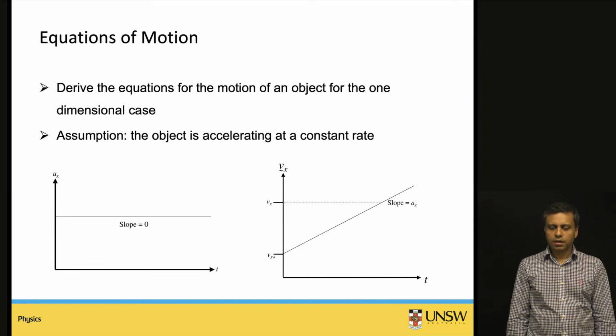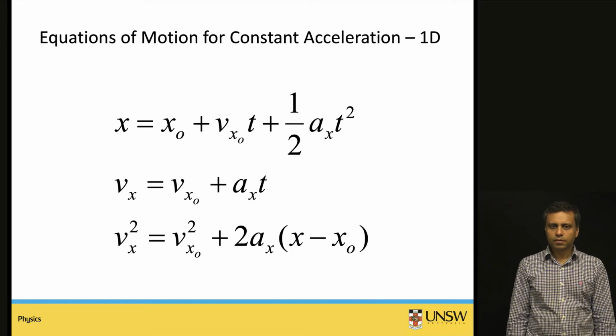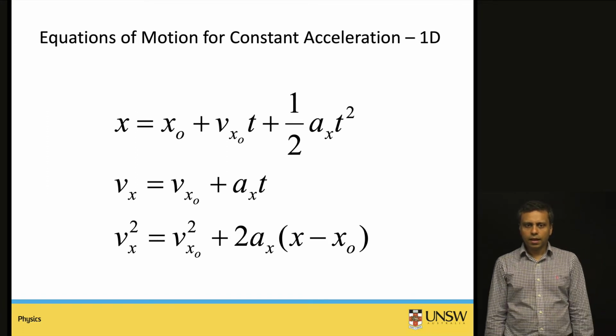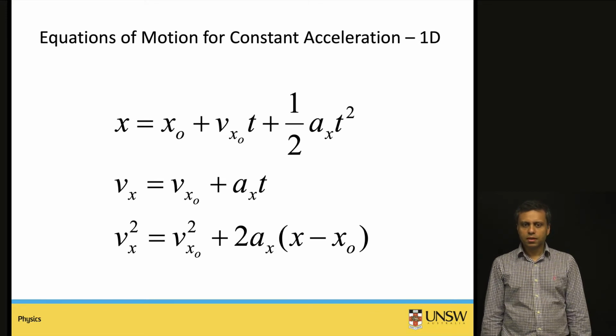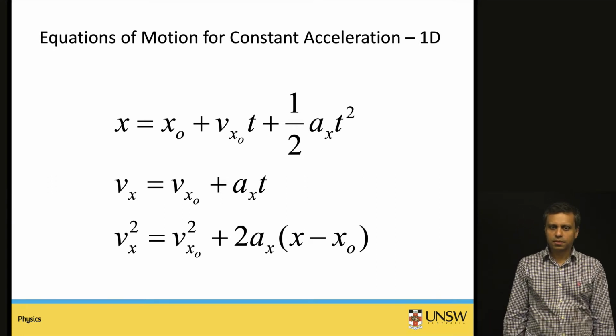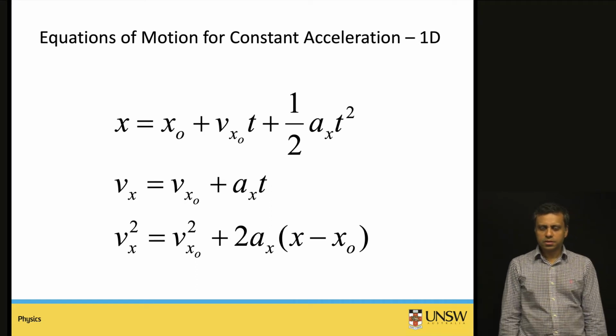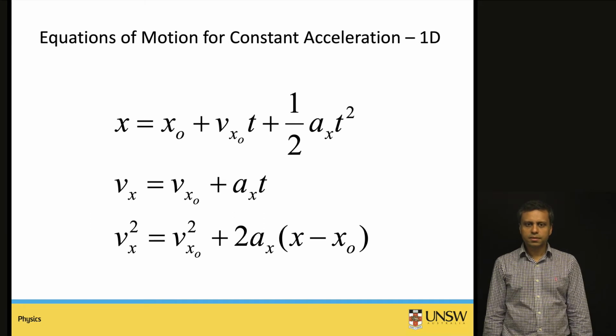Now we will go into the details of these equations and see how to derive them. So this case of motion, the 1D motion, is primarily given by 3 equations, and you see the 3 equations here in the slide. We assume that it is 1D motion, and we assume that the acceleration is constant.